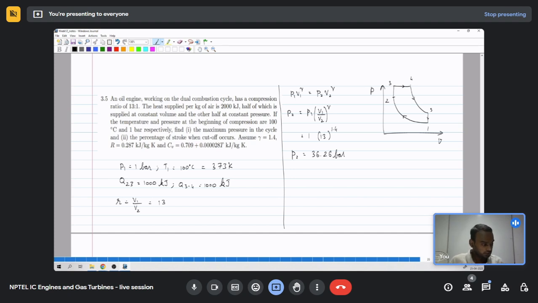Now to calculate the second temperature, we have T1 V1 power gamma minus 1 equal to T2 V2 power gamma minus 1. So T2 is equal to T1 into R power gamma minus 1. So that is 373 into 13 power 0.4.